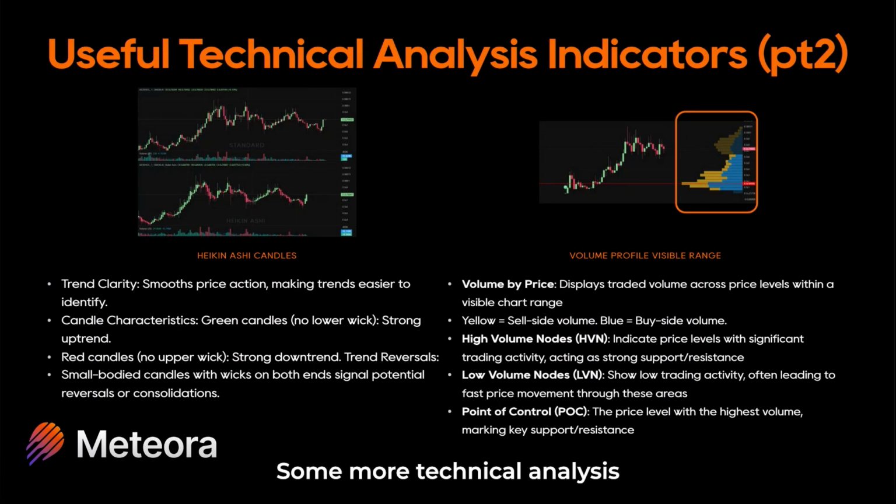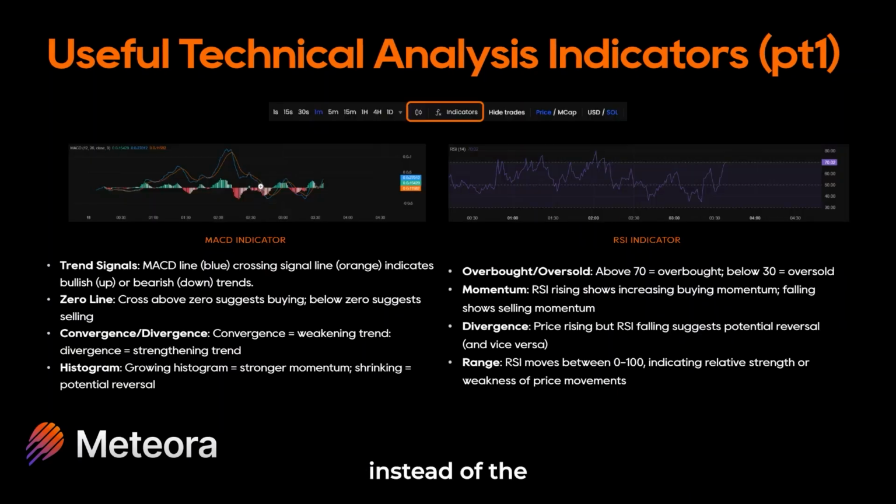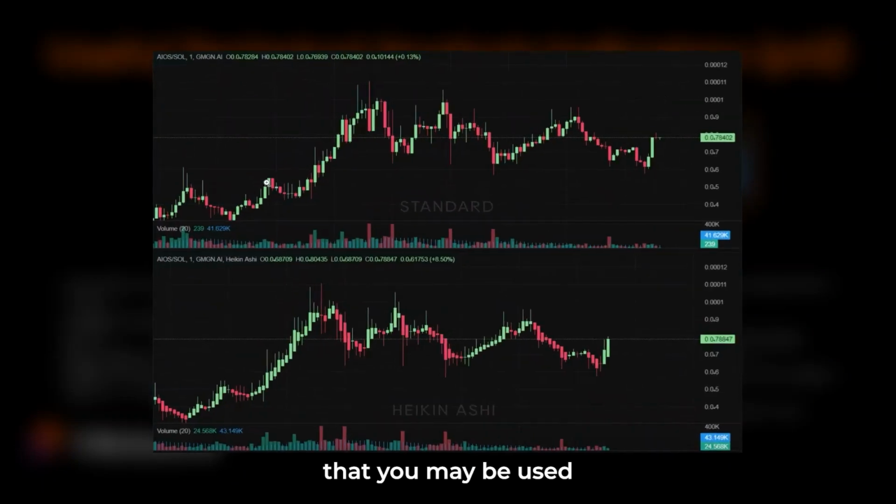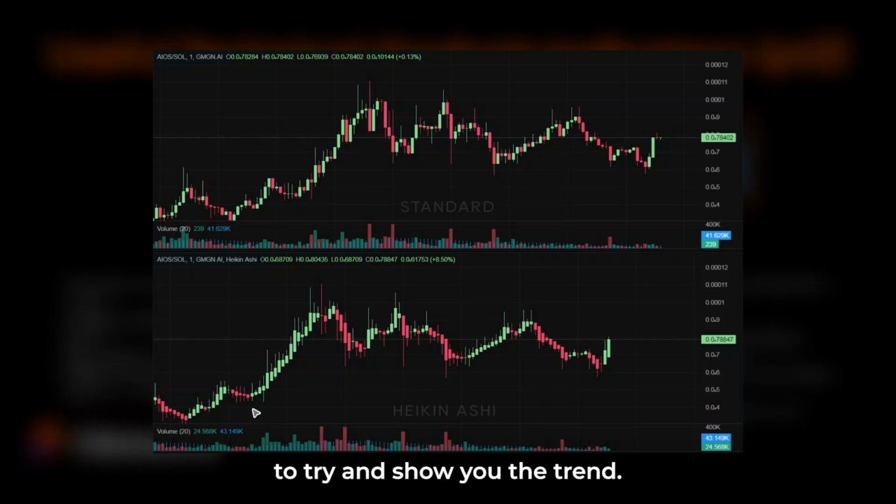Some more technical analysis indicators that we find very useful. This one is the type of candles, I may say this wrong, Heiken Ashi candles. Instead of the traditional candles that you may be used to, like on the bottom, or actually on the top, with all these extra little wicks, over time this will trim them off and really try to show you the trend.